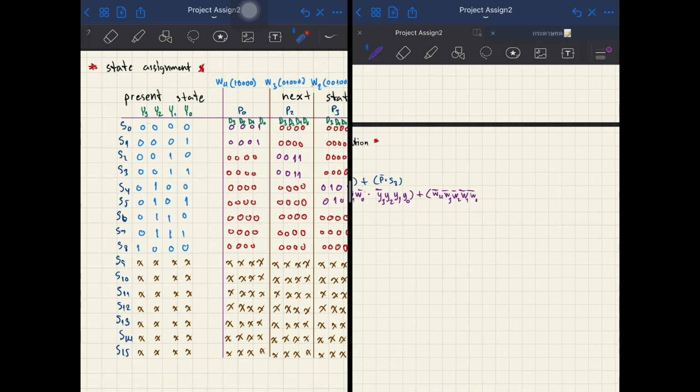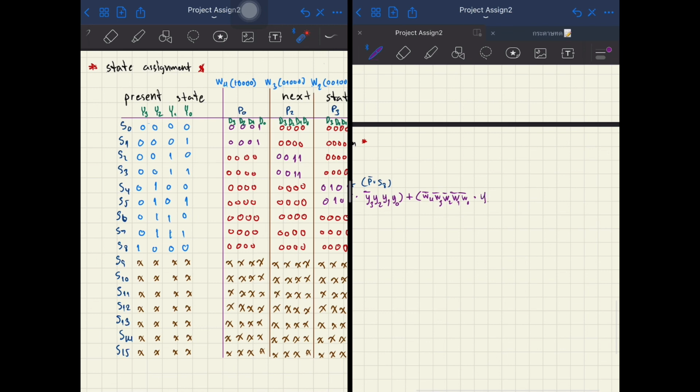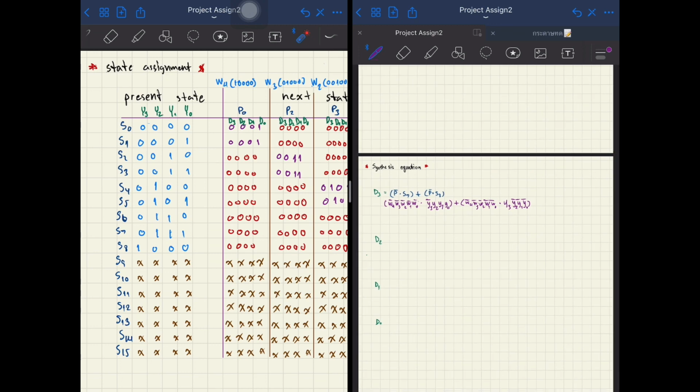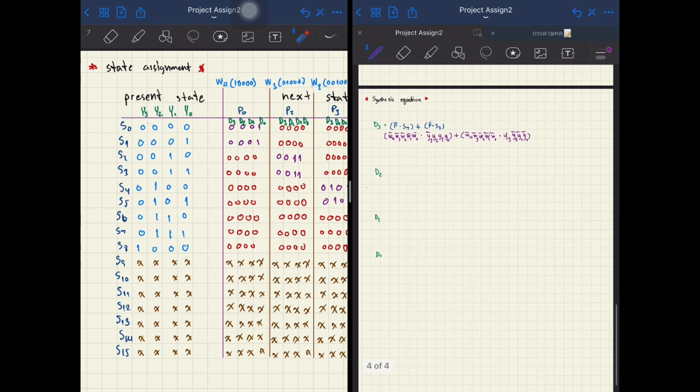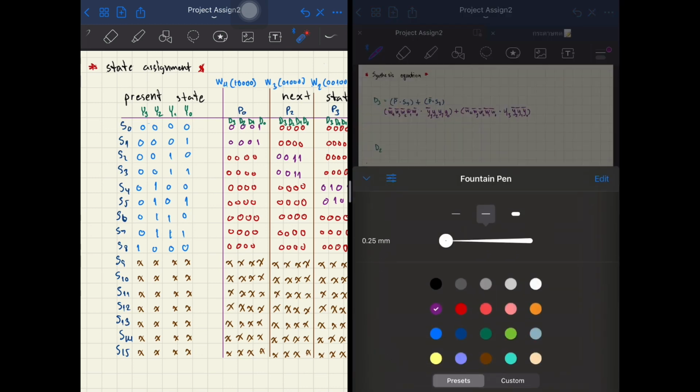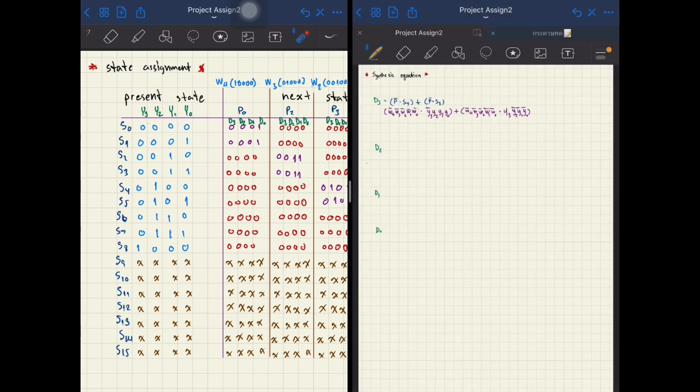So, and with y3, y2, y1 and y0, then complement at y2, y1 and y0. So this is the example of the equation of D3, but to go faster I will do this before writing the equation, for ease.